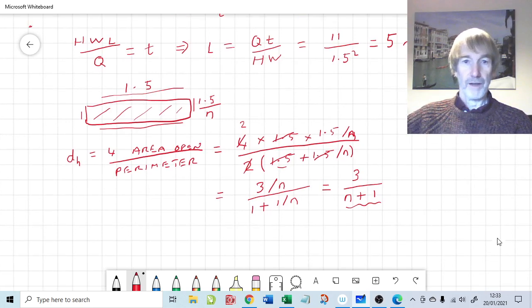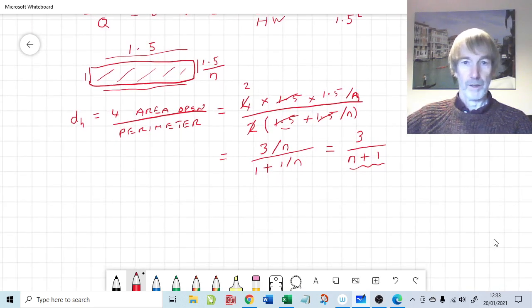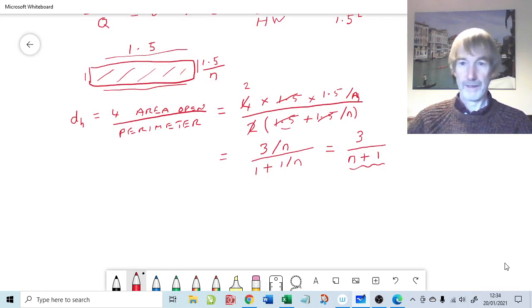Okay, well, we're after the hydraulic mean diameter. N in our case here is equal to 9. There are 9 flow channels. So here we have 3 divided by 10.